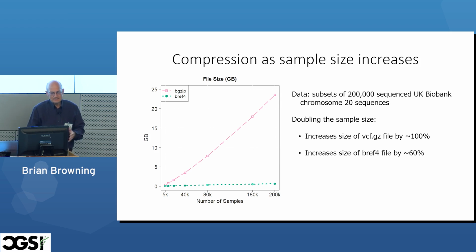When you double the sample size, the size of the gzipped VCF file tends to double, approximately. But the BREF4 file size only increases by about 60%, so it has a much slower, sublinear growth rate. As a result, the chasm opens up between the different file sizes as you get larger and larger. So you get a huge amount of compression compared to gzip.